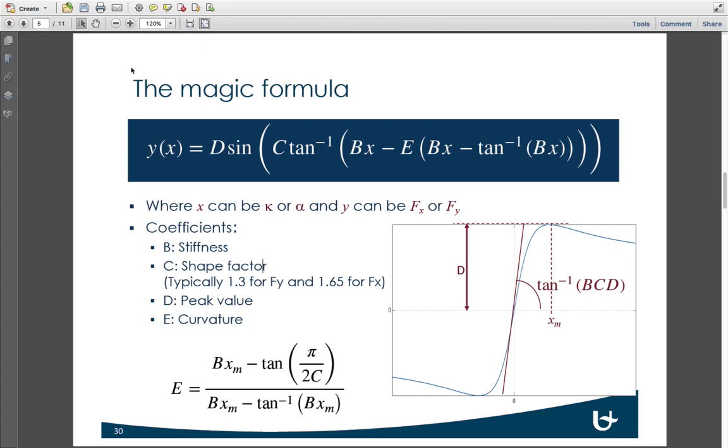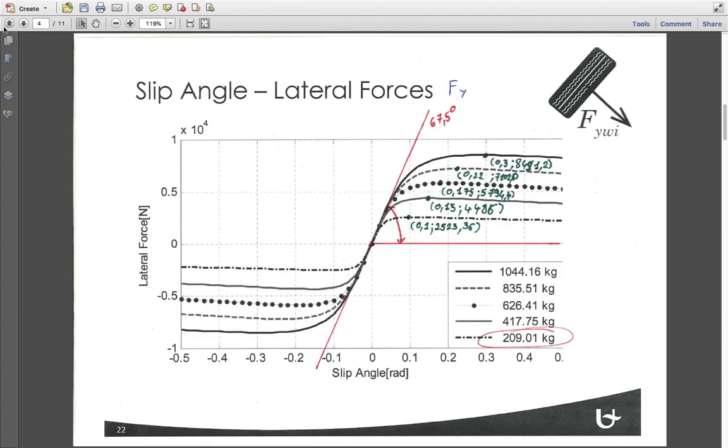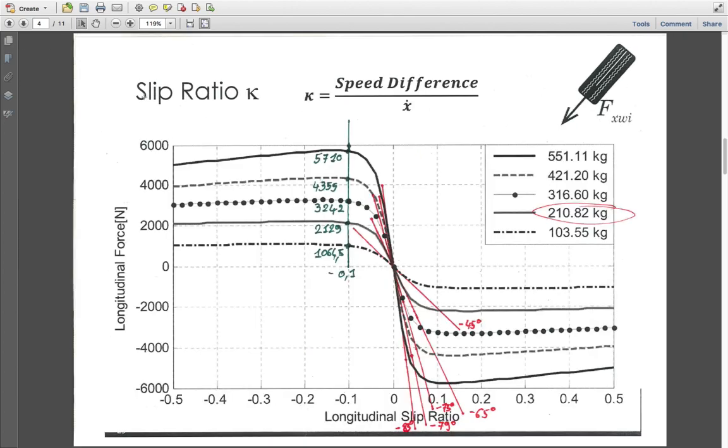Then I've done the same for the relationship between the slip ratio and the longitudinal force. In this case, you can clearly see that you have different tangents in the origin with different angular values: minus 45, minus 65, minus 75, minus 79, and minus 83. Why are these values negative?